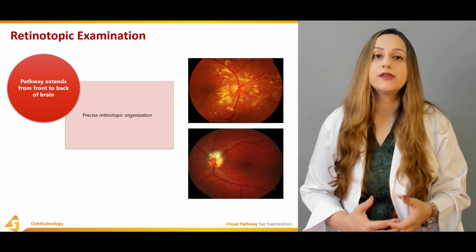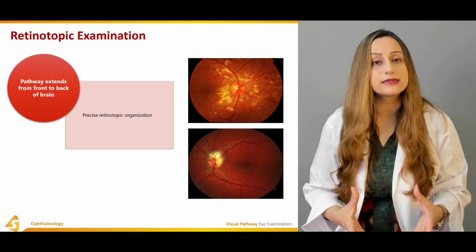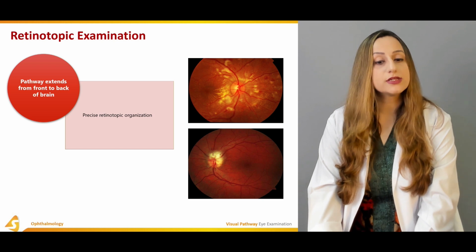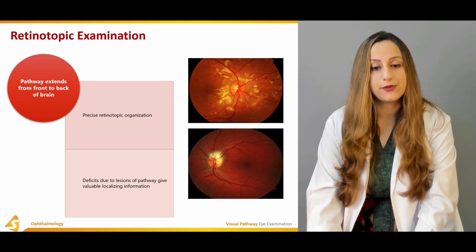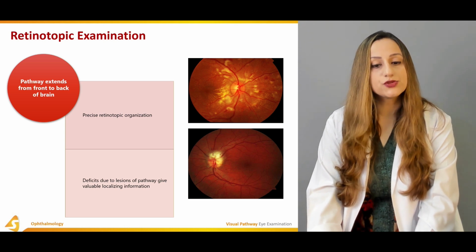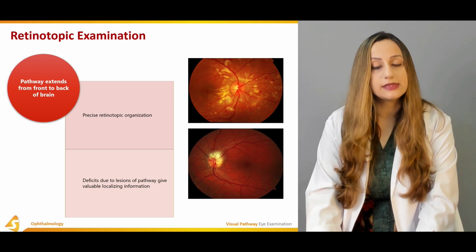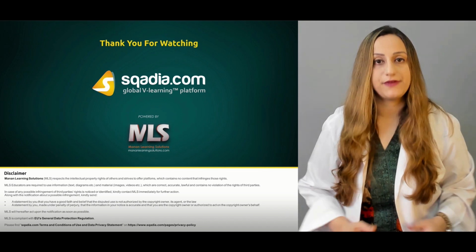So once you have that fundoscopic examination, one should know how to examine the vessels of the eye and what is the normal way these vessels are depicted in the fundoscopy. It's again very important. The deficits due to the lesions of the pathway give valuable localizing information according to the visual field defects.